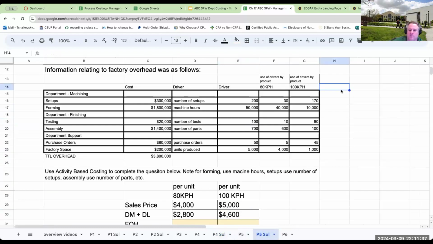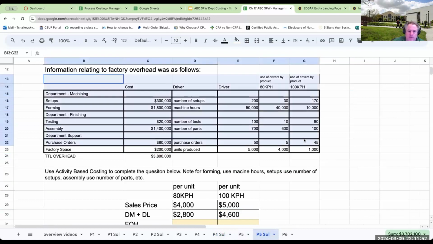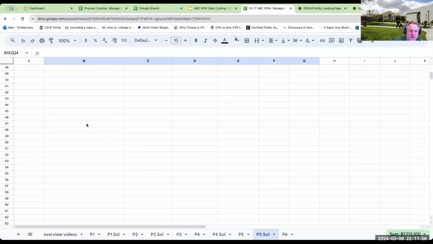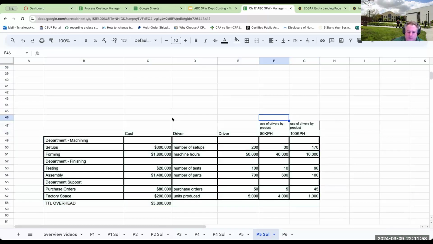For activity-based costing, what makes this question a little different is that instead of taking this 3.8 million, we're going to be looking at costs on an individual basis.